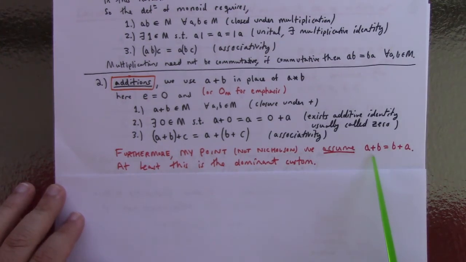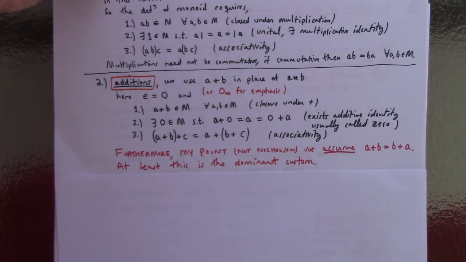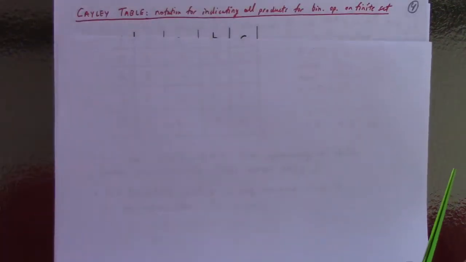It is customary in abstract algebra that when we talk about addition, we talk about a commutative operation. So if you want to communicate to the reader that your operation is commutative, then addition is a good choice of notation. Now, if you're just trying to be obtuse and hide what you're doing, then by all means, use star for an addition. Okay, I will try not to be too obtuse with you, for the most part.